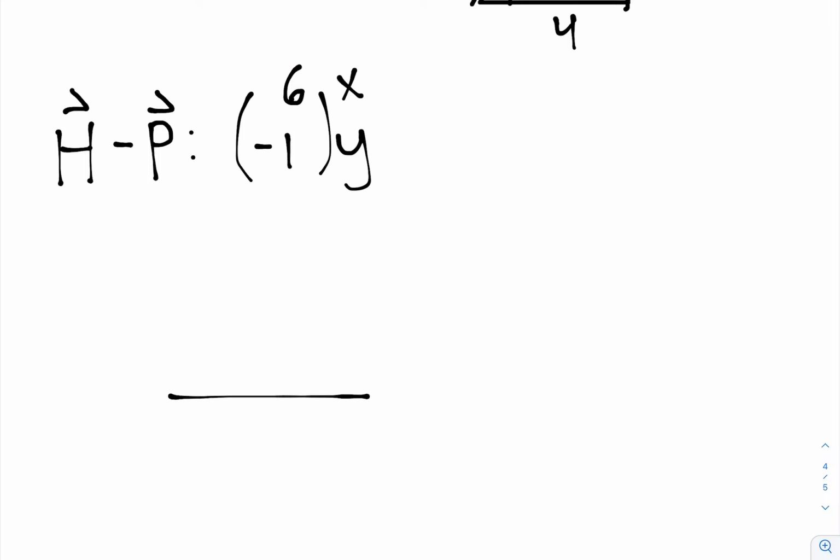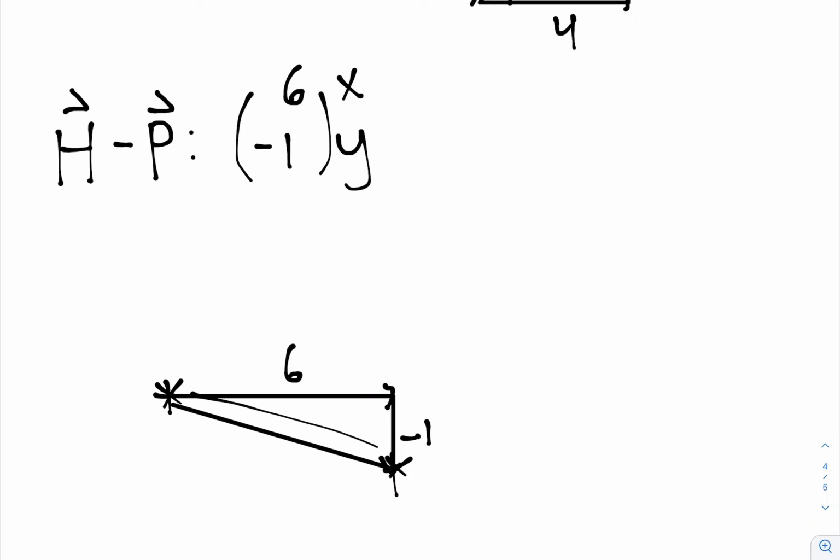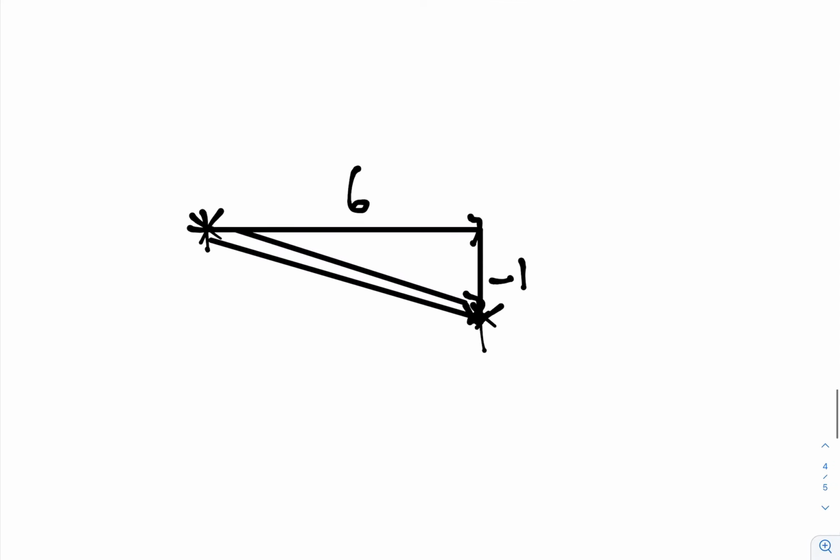So it's going to be 6 in the x direction, and then -1 in the y direction. We started here, ended here. So we're going to draw a resultant vector right here. And this is the vector that you get when you subtract them, specifically in the order h minus p.